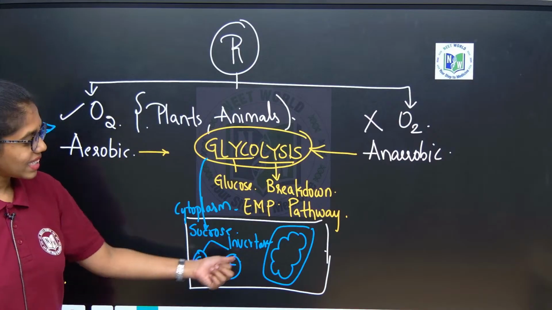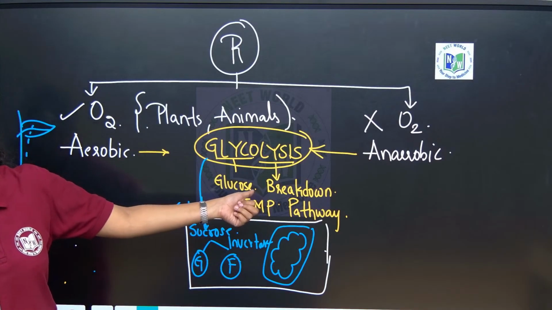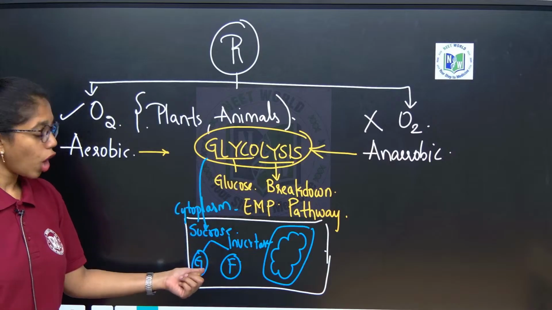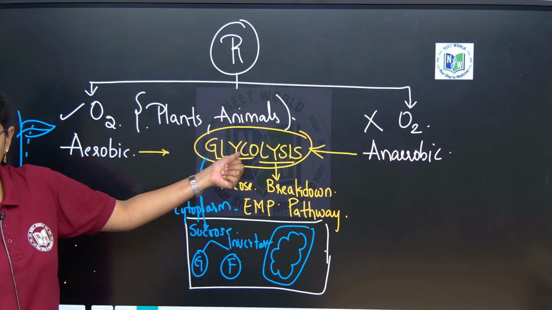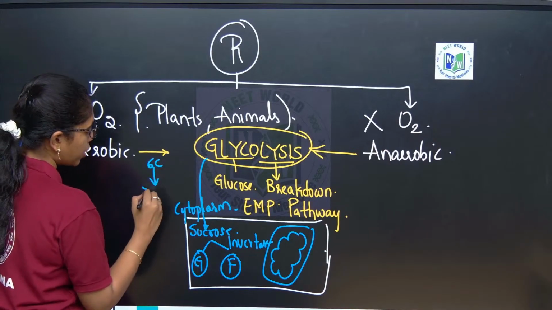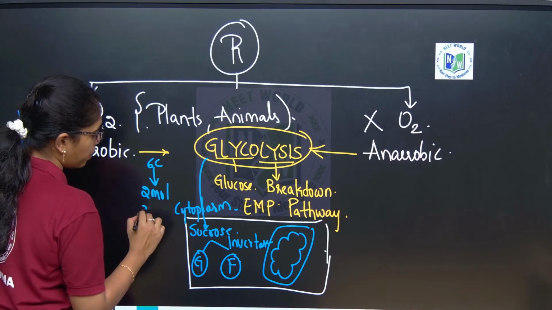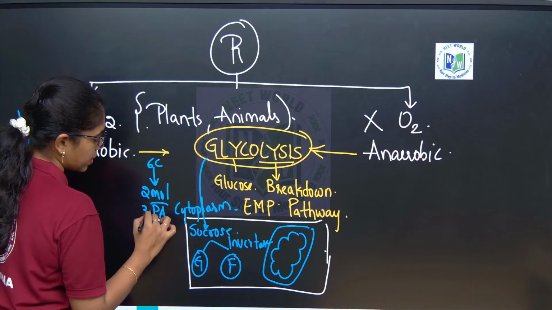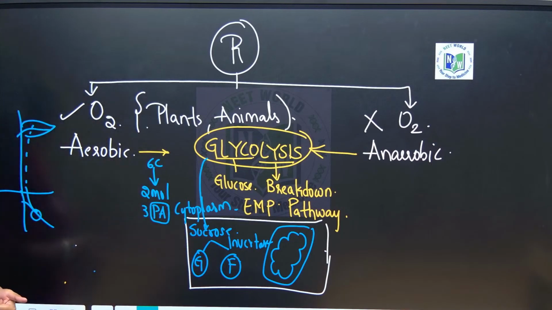Now, glucose will start the process of glycolysis. At the end of glycolysis, one molecule of 6 carbon glucose will break to 2 molecules of 3 carbon pyruvic acid.